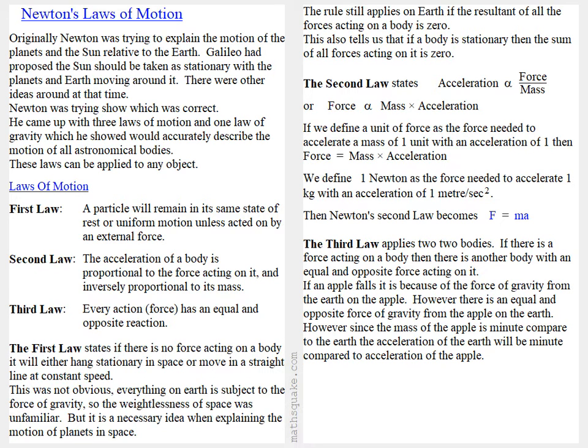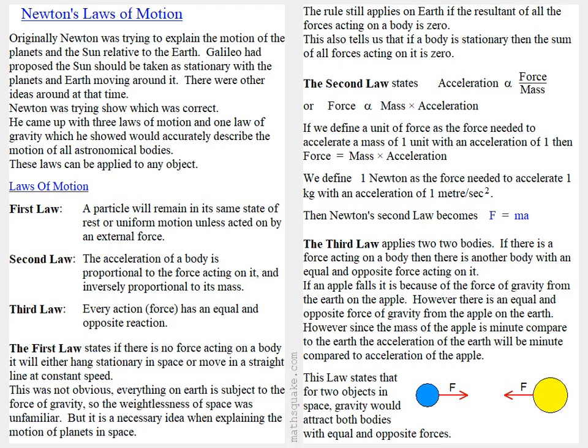However, since the mass of the apple is minute compared to the Earth, the acceleration of the Earth will be minute compared to the acceleration of the apple. This law states that for 2 objects in space, gravity would attract both bodies with equal and opposite forces.